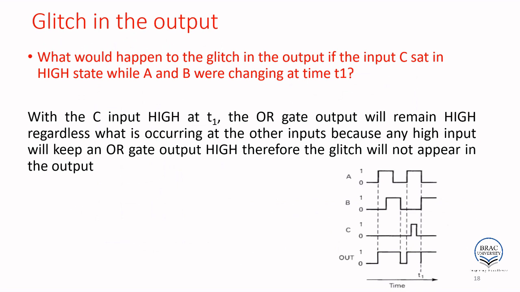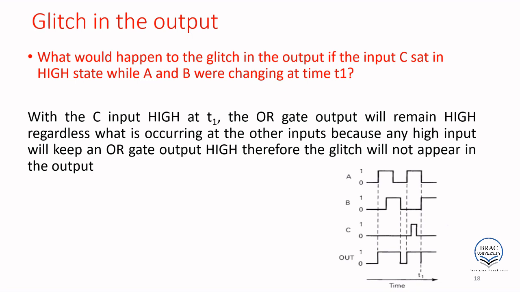Now think about what would happen to the glitch in the output if the input C is set high while A and B are changing at time T1. Does this C have any impact on the glitch? That is the question.